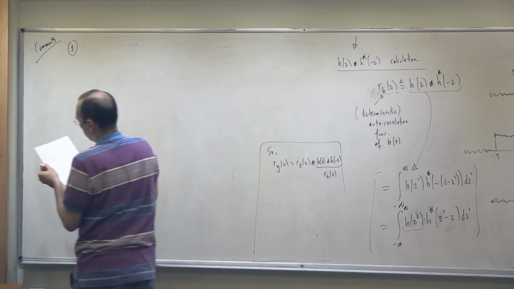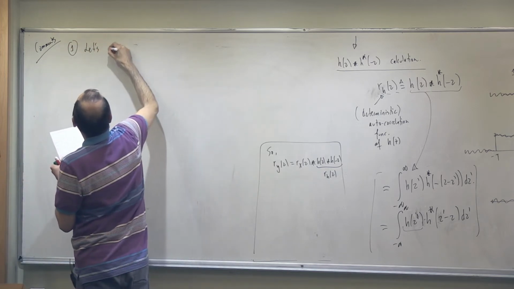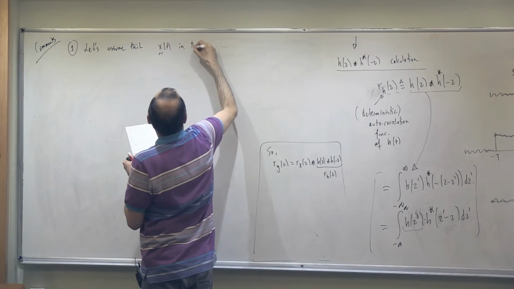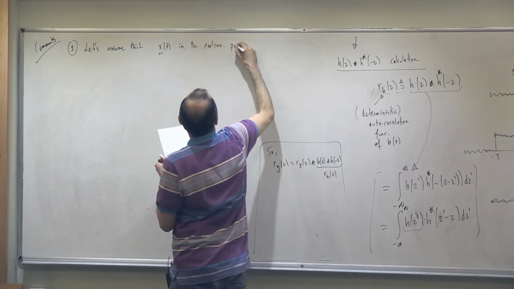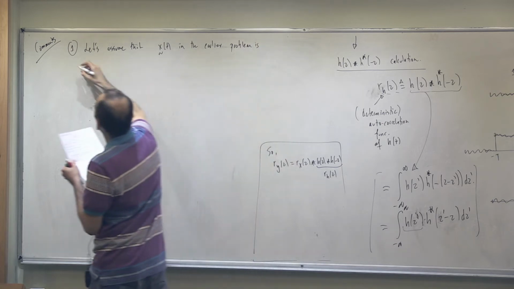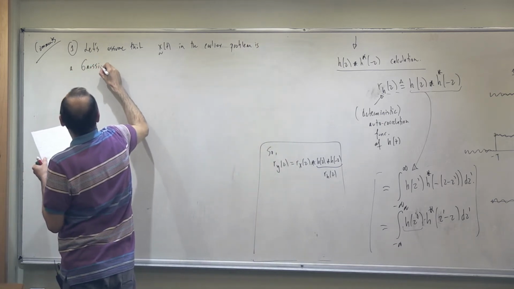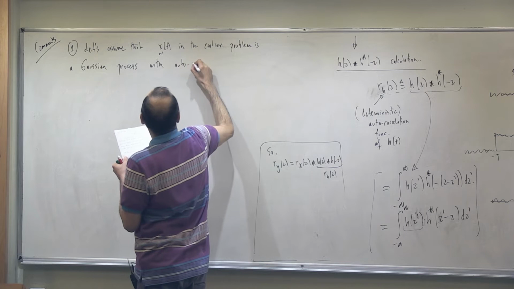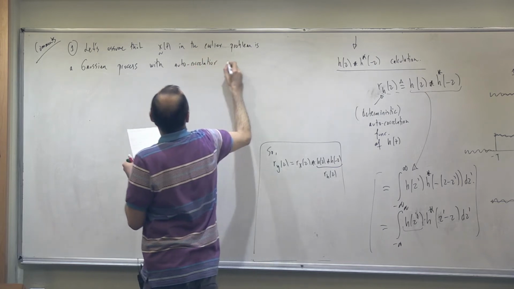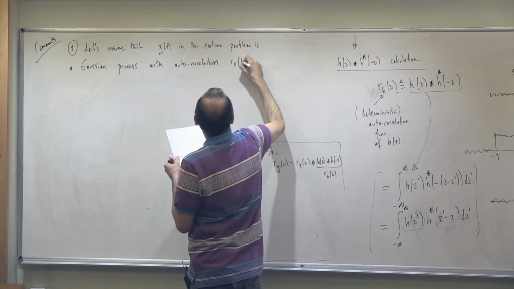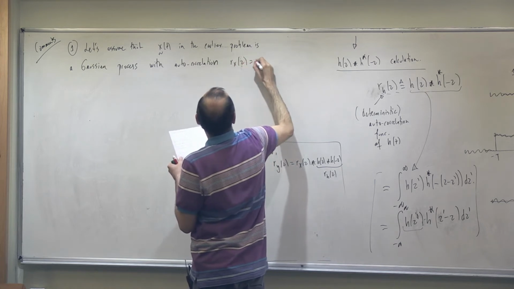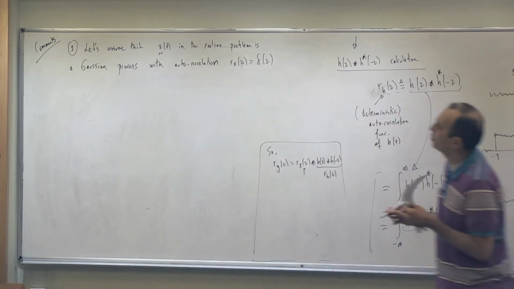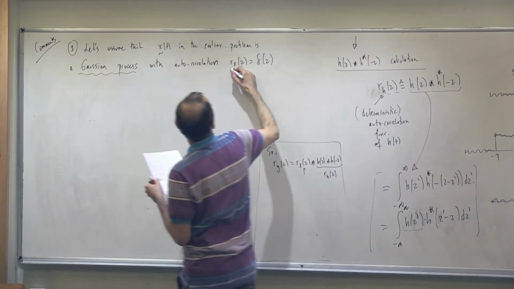Number one, let's assume that x of t in the earlier problem is a Gaussian process with autocorrelation Rx of tau, delta tau. Okay? So I'm talking about this Rx of tau. And furthermore, something new, Gaussian process. So this part is new.